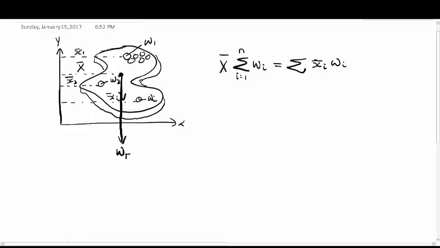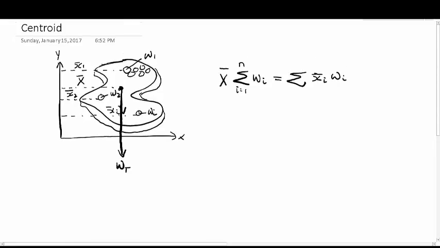So the sum of x bar times the little weight pieces is going to equal capital X bar times the sum of the weights, from i equals 1 to n. And of course, again, this is equal to the total weight.